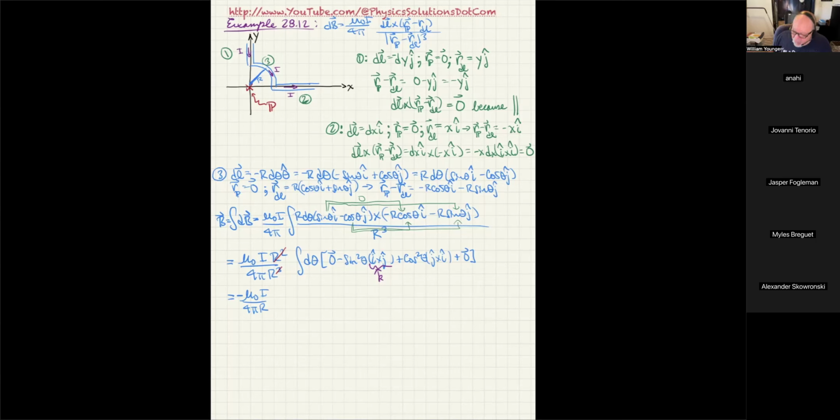So i is 1 because that's the first variable x. j is 2 because that's the second variable y. And k is 3 because that's the third variable z. So if you write 1, 2, 3, they're all positive. If you write 2, 3, 1, they're all positive. If you write 3, 1, 2, they're all positive. But if you do a non-cyclic permutation, then the answer you're going to get is going to be a negative.